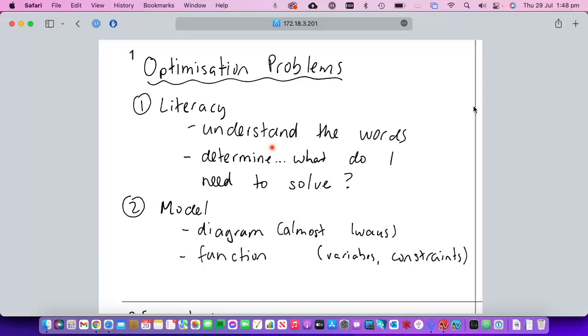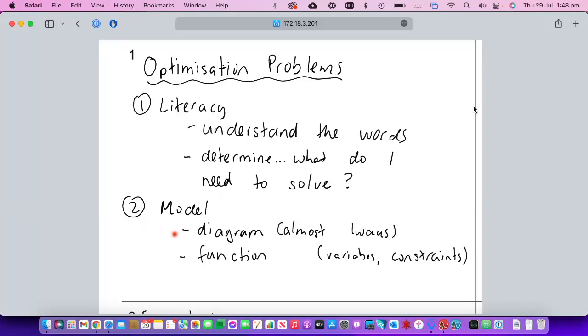Because you might not be answering the question you think you need to answer. Maybe it is irrelevant, but until you've worked out the literacy part, you don't know whether it's relevant or not. And then determine, what do I need to solve? When I go through the example problem, you will see that writ large. Have you solved the problem, or have you answered the question?